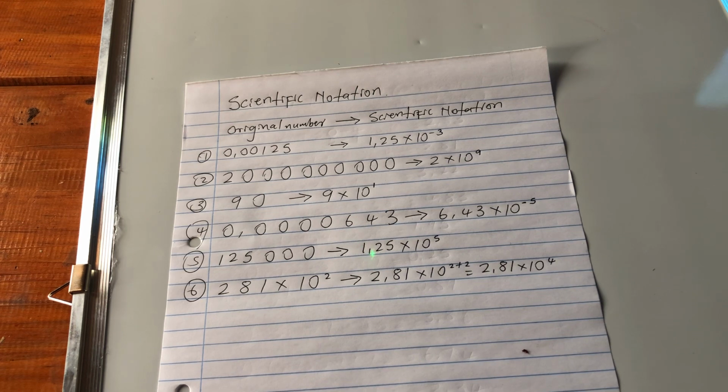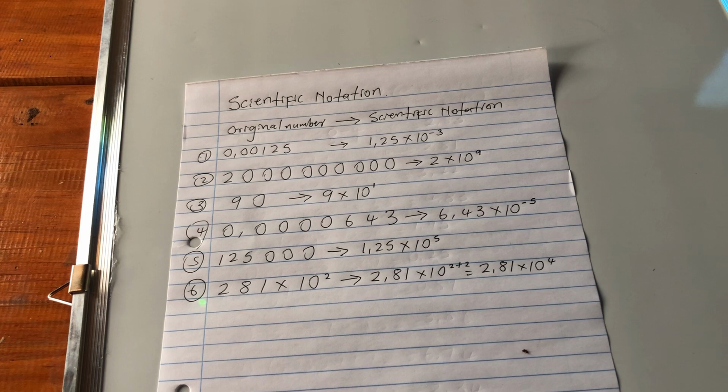Now I have 1,25. Multiply by 10 to the power 5 because I've moved it how many times? 5 times. 1, 2, 3, 4, 5. Moving it to the left. That's why it is carrying a positive sign.